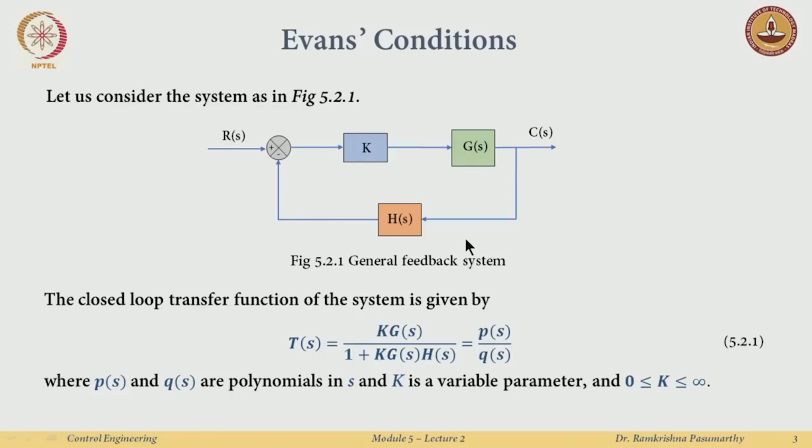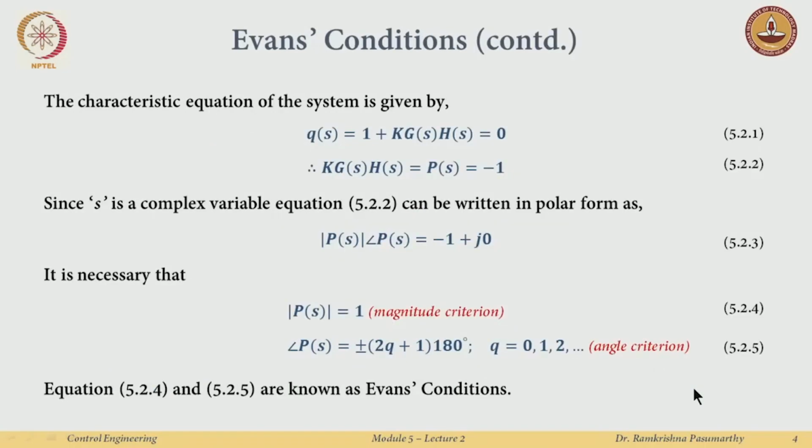So, this is again just a ratio of some polynomial P(s) in the numerator and Q(s) in the denominator. And we will see how the system behaves as the gain K is varied from 0 to infinity. We could also do it for K being negative, right. So, not minus infinity, but that is a little straightforward extension once we know how it behaves when K goes from 0 to infinity. Okay.